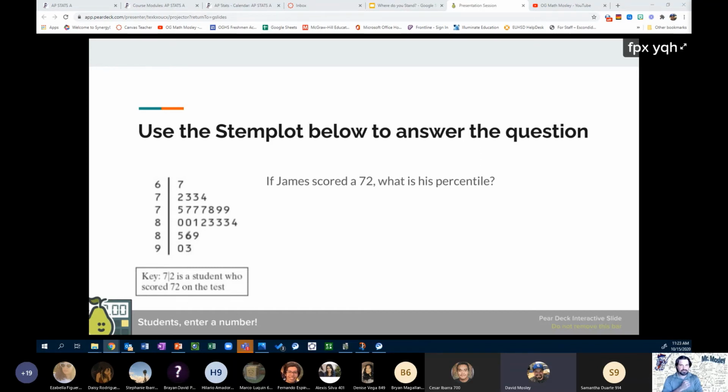In this case, there was one value less than 72. So when calculating the decimal representation or the percentage, we will divide 1 by the total number of observations, which is 25. That will give you a decimal. Move that decimal 2 spots to the right, and that will be your percentile.